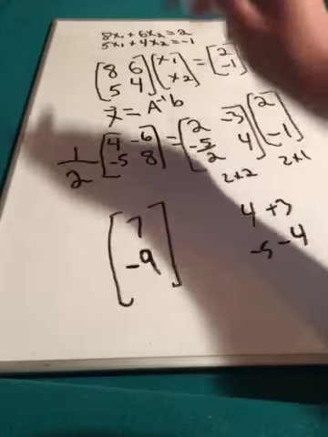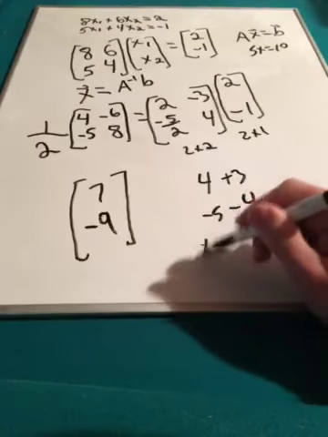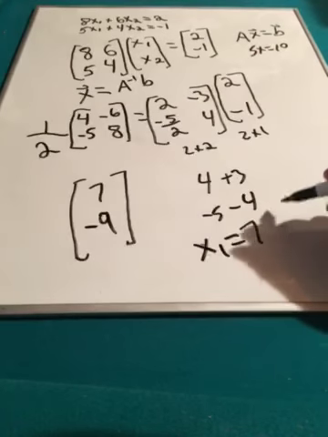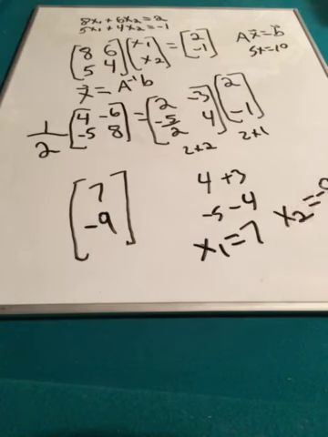So we just found that x1 is equal to 7, and x2 is equal to minus 9.